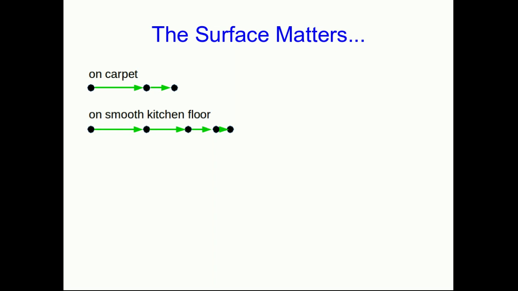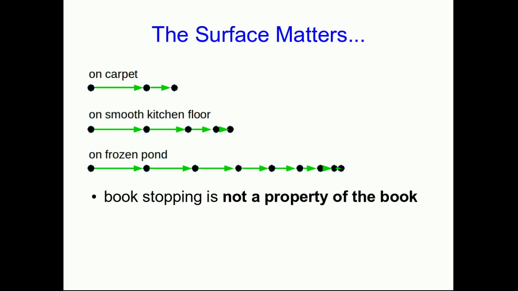For all you Americans watching this video, in Canada, even in July, you can walk outside and there's a frozen pond nearby. And give the book a slide on the frozen pond, and it's going to go even farther. And it's going to take a lot longer time to slow down and stop. So the surface matters. And clearly, the book stopping is not a property of the book, because it seems to be something to do with the surface.